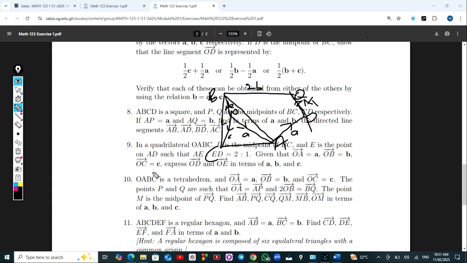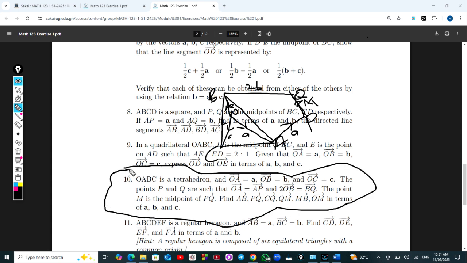So this is the question we are doing, question 10. Find AB, PQ.